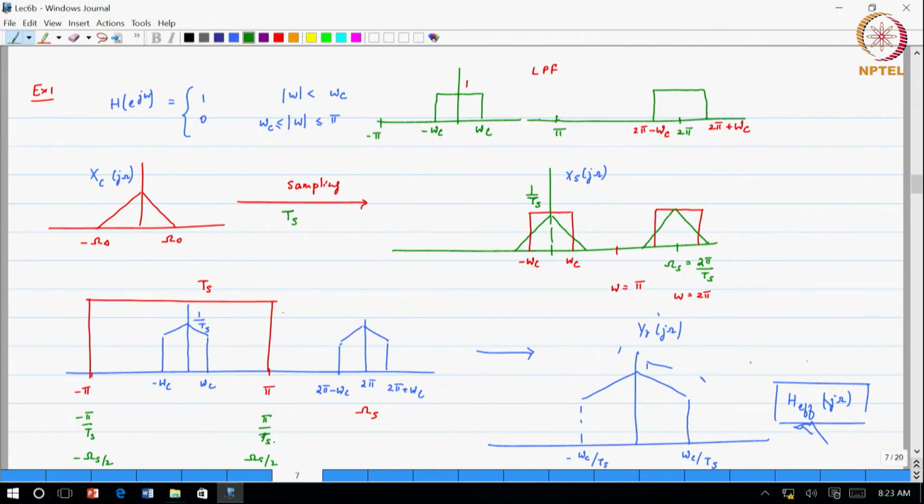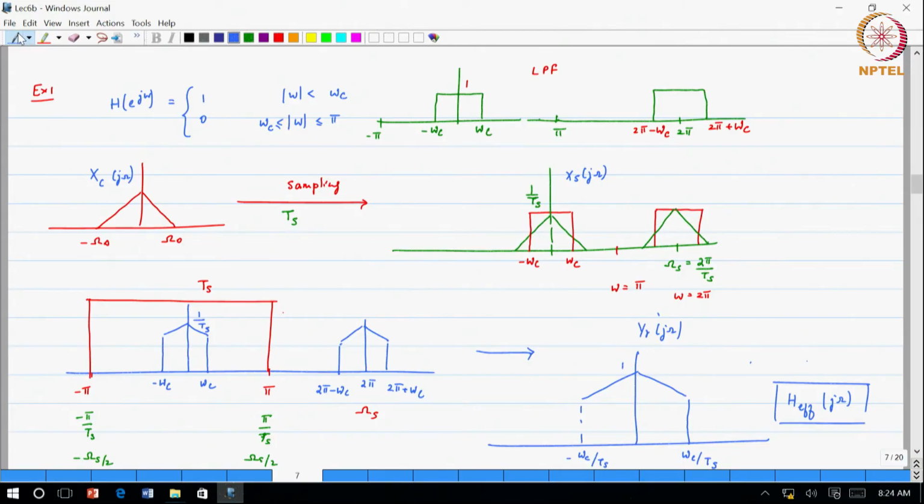All these are equivalent representations of those frequency markers. All other images are removed, the scale factor is now gone, and what we are left with is a replica of the original spectrum, but with portions outside of omega c by T s removed, and that is because of the low pass filter that was there in the discrete time. This is where we stopped in the last lecture.